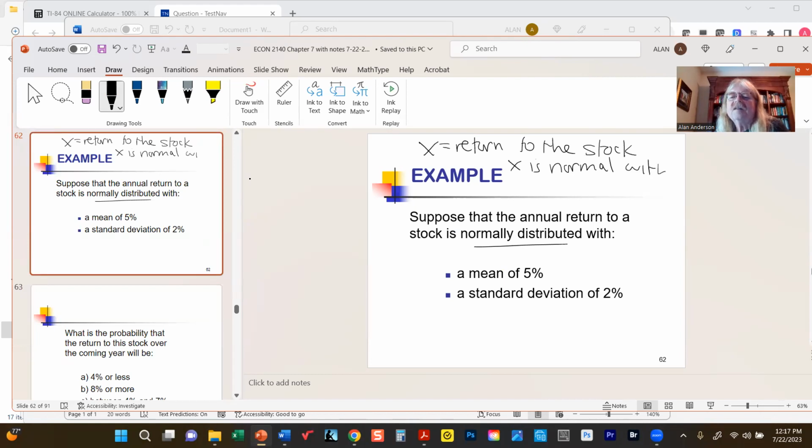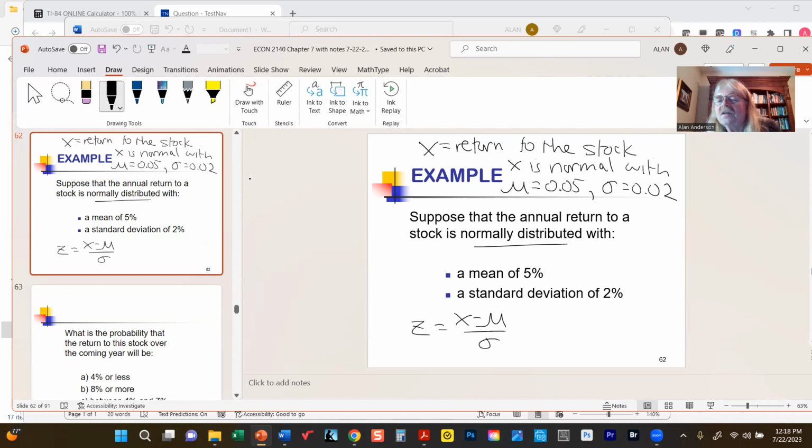The mean is 5%, so I'm going to convert that to a decimal. The standard deviation is 0.02. So it's clearly normal, but not standard normal. So if I want to calculate probabilities here, I can certainly use my conversion formula and take any values I need for X, convert them into Z-scores, and then I can calculate what I need from the tables.